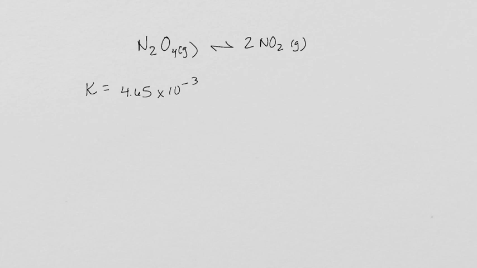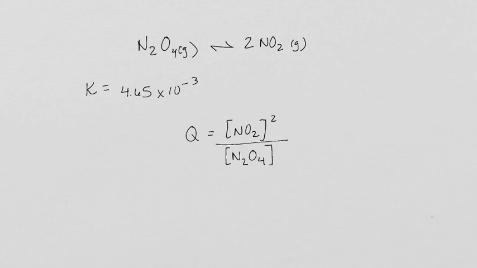Okay, so we can write Q is equal to our products, and then we have to raise it to 2 because the stoichiometric coefficient is 2. We do it the same way, and we've got our reactant in the denominator.